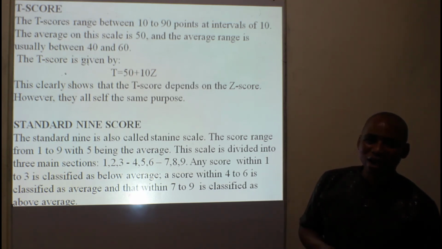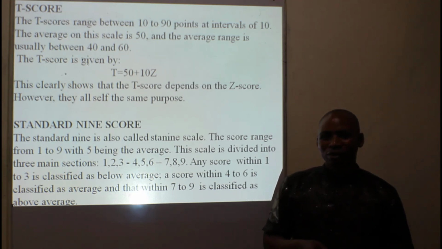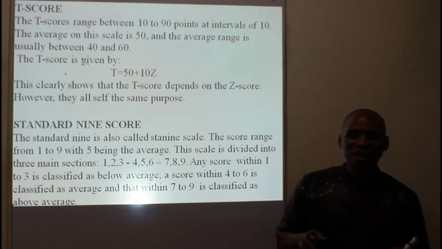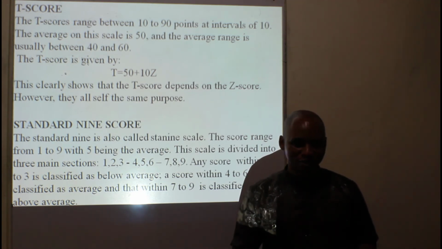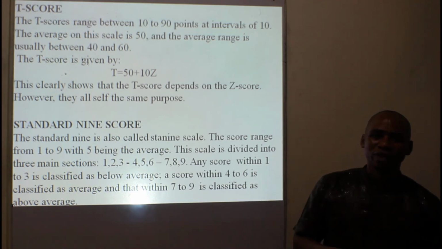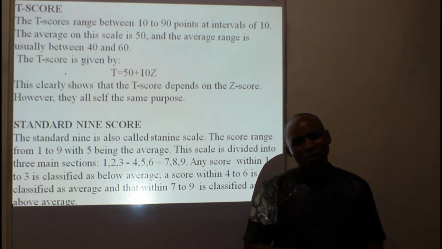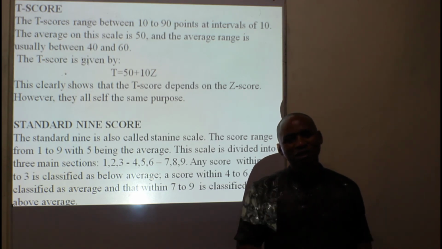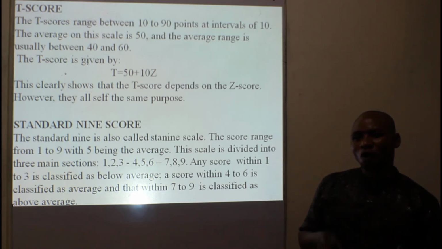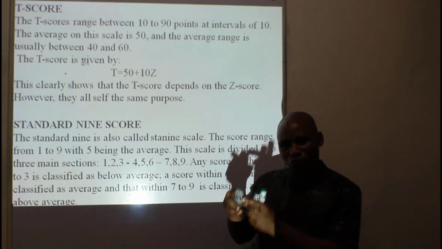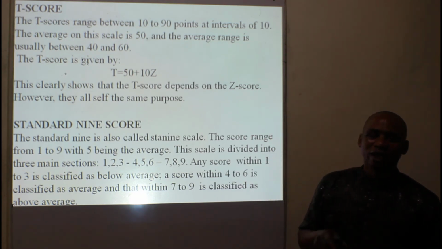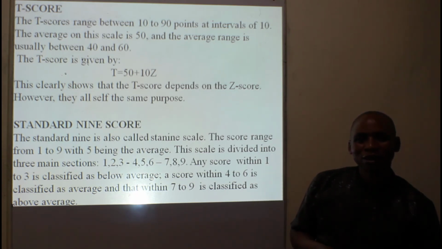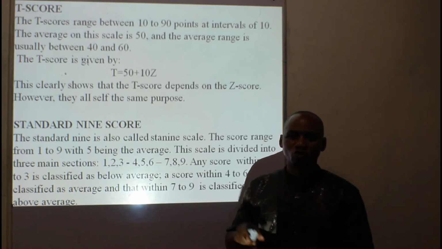With the standard 9 score, the scale is divided into 3 main sections, with the first section being from 1 to 3, the second section being from 4 to 6, and the third section being from 7 to 9.